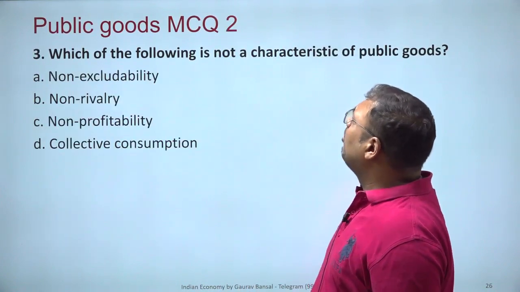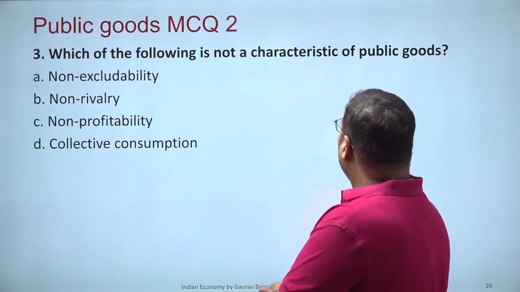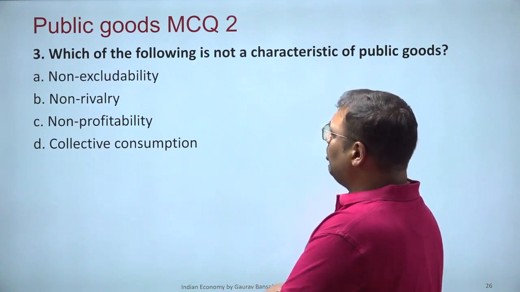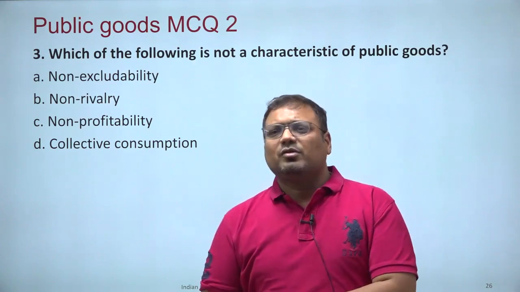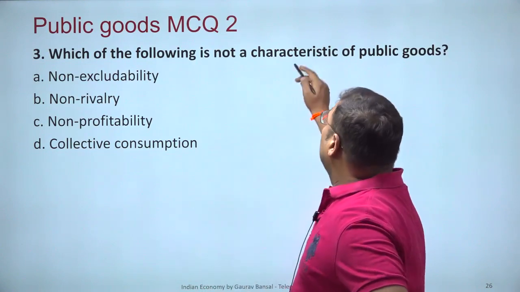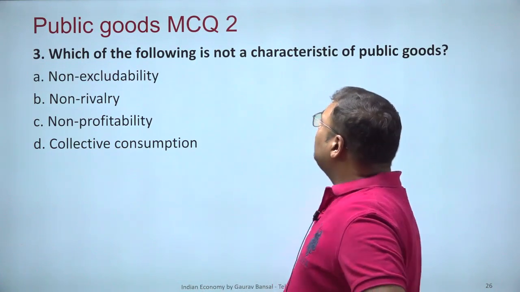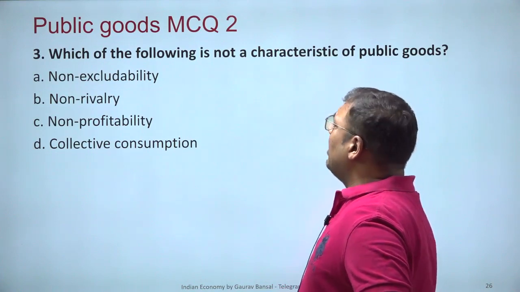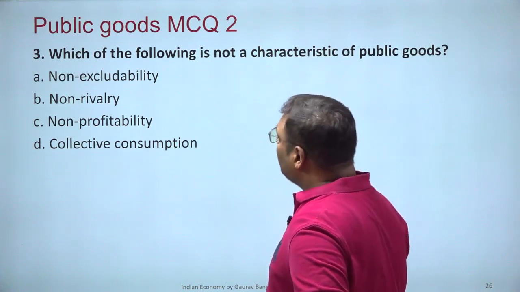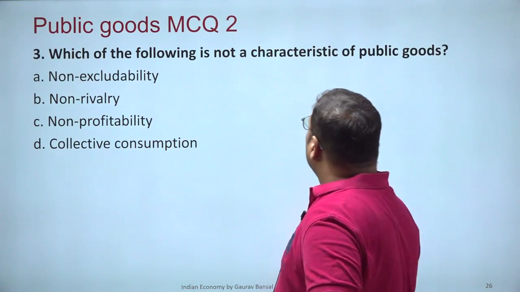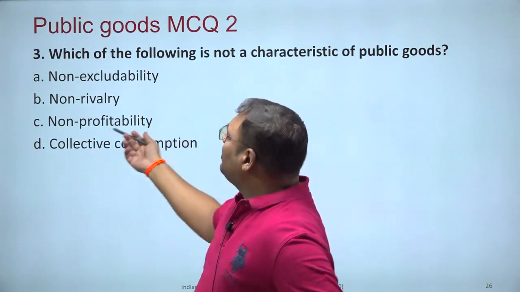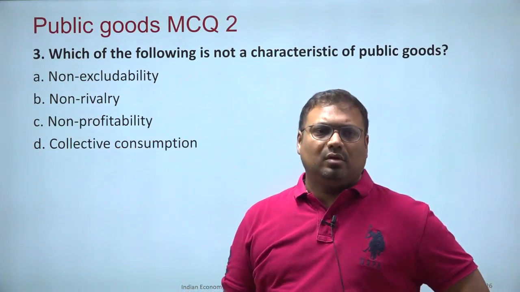Last question in the public good category, which of the following is not a characteristic of public good? Which of them is not a characteristic? Non-exclusiveness is a characteristic. Non-rivalry is a characteristic. Non-profitability, no. Public goods can very well be profitable.